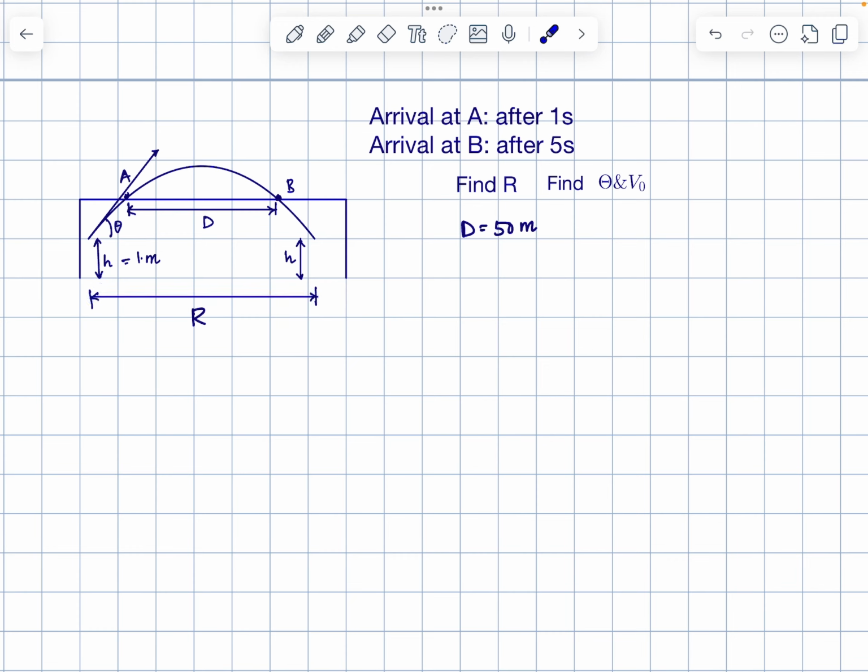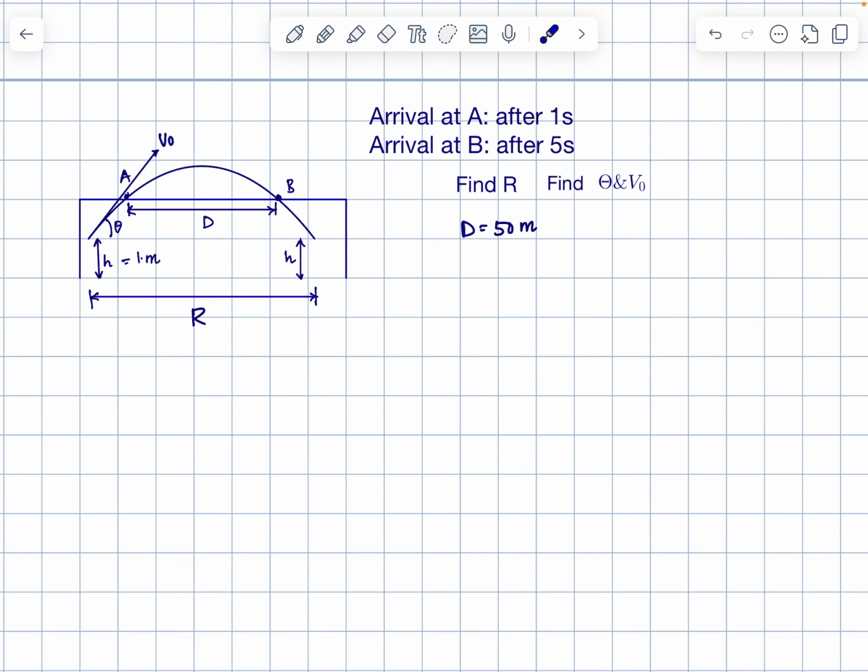We also want to find the magnitude of the velocity and the angle theta. So these are the three things: the horizontal distance traveled, the velocity, and the angle theta.